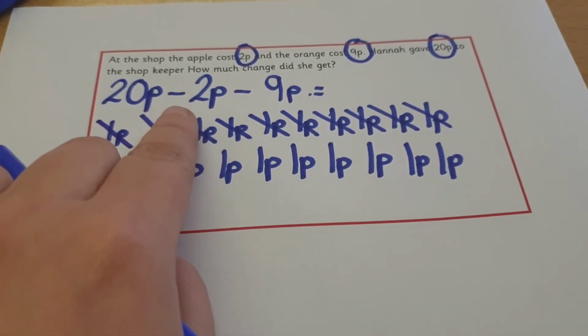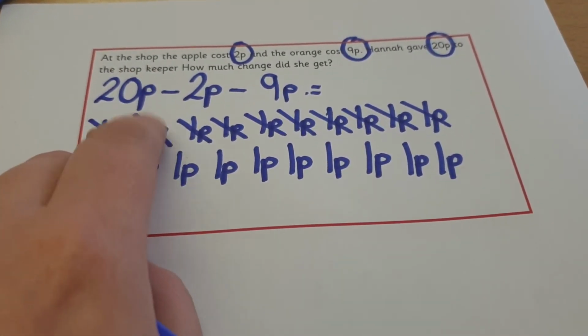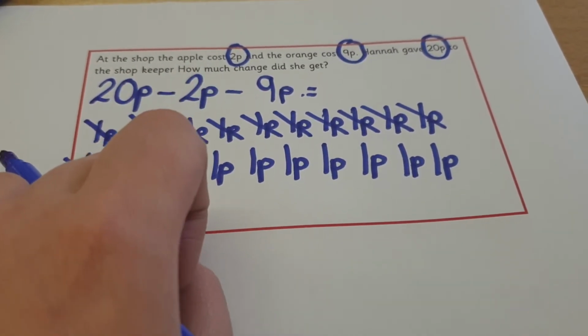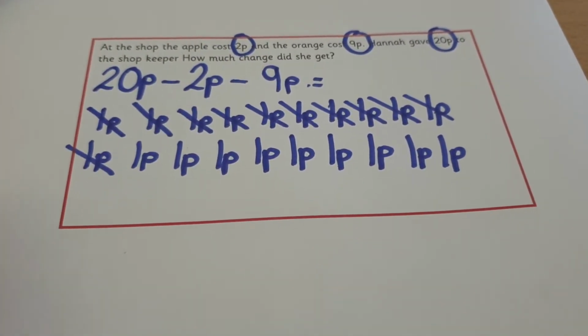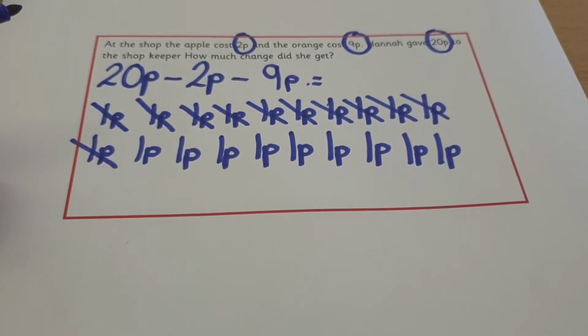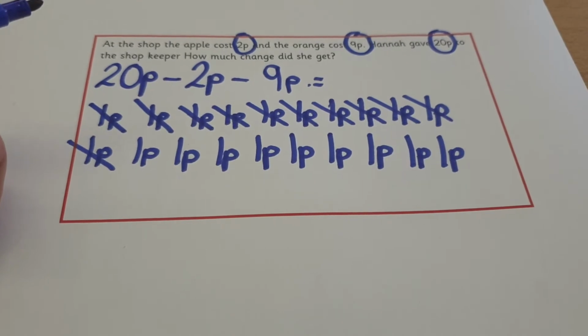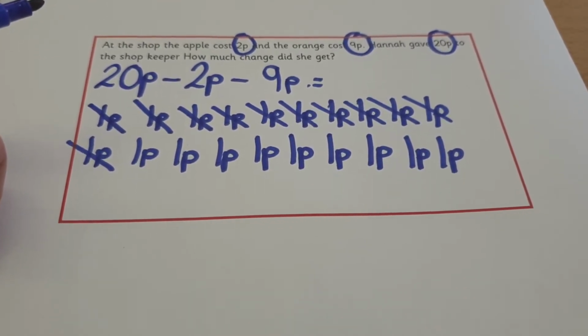So I've taken away 2p because Hannah bought the apple, and I've taken away another 9p because she bought the orange. What have I got to do now to work out how much change I had? Great work. I've got to count up all of the 1p's that I have left.